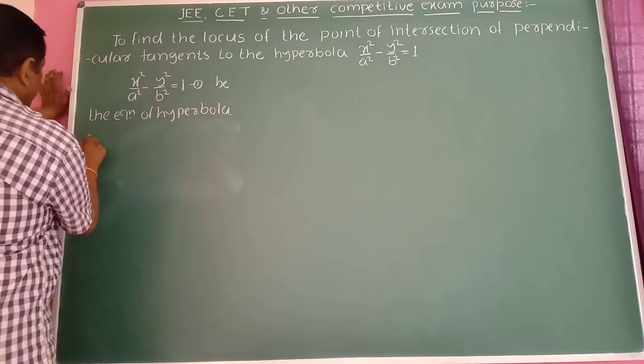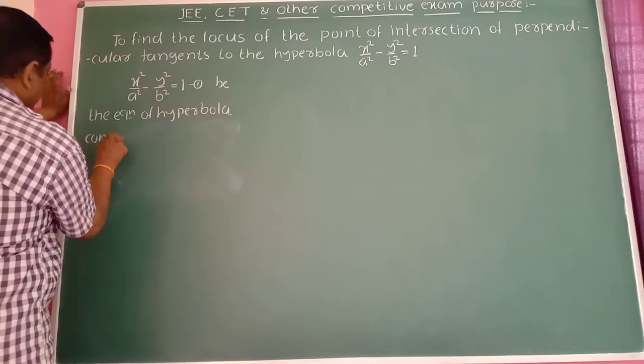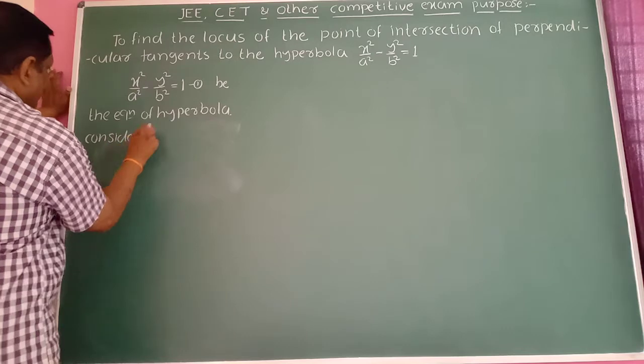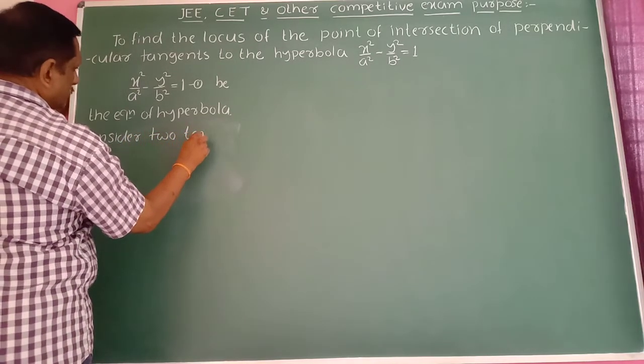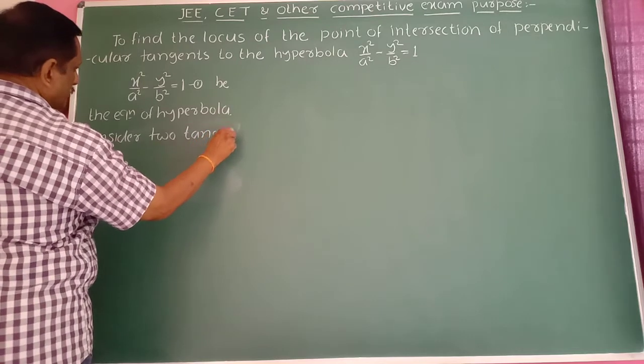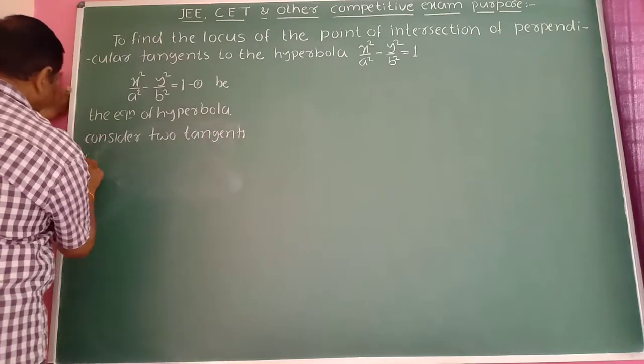Next, consider two tangents with the slope m.